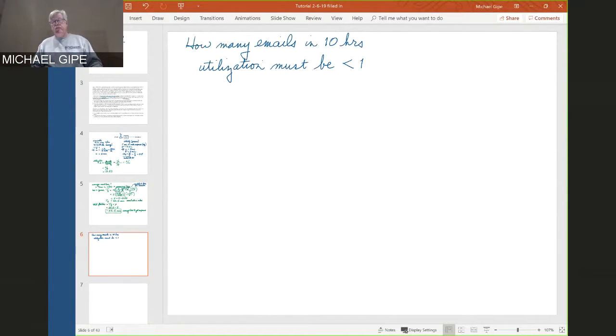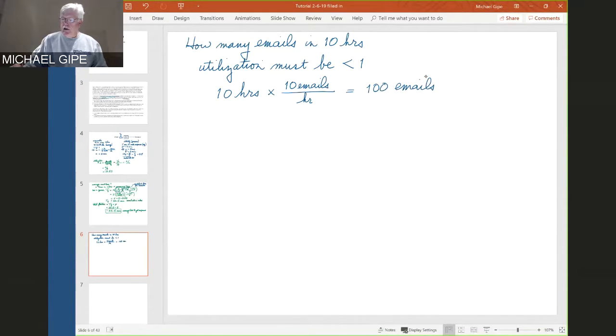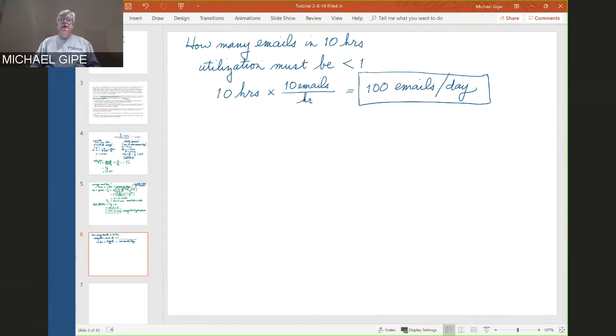We have 10 hours in the day, and we're getting on average 10 emails per hour. And that works to 100 emails per day that the lawyer sees. Yes, it is that simple.